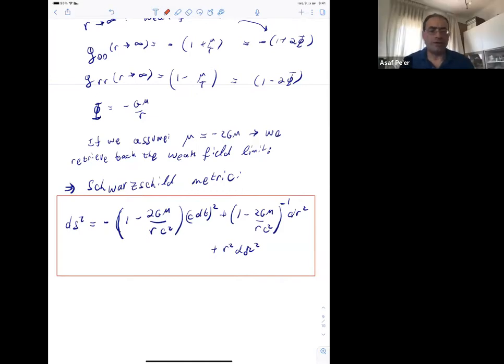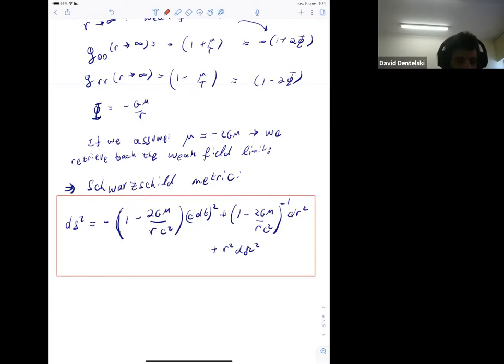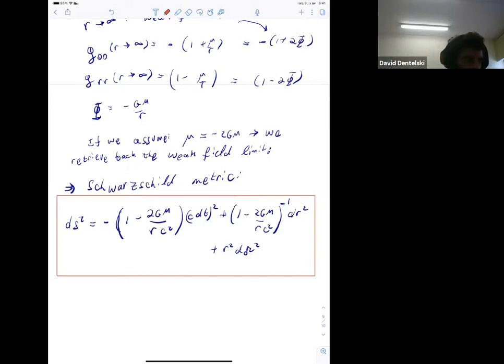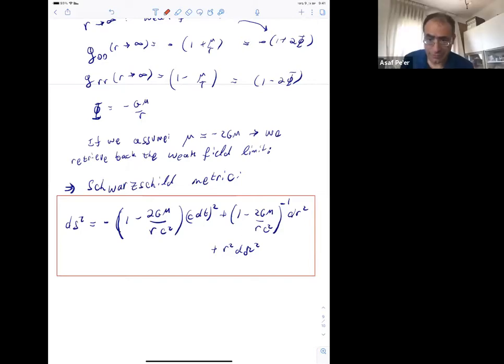Well, yes. What we have here is a solution in vacuum. We saw that all the components of the Ricci tensor must be 0, not of the Riemann.